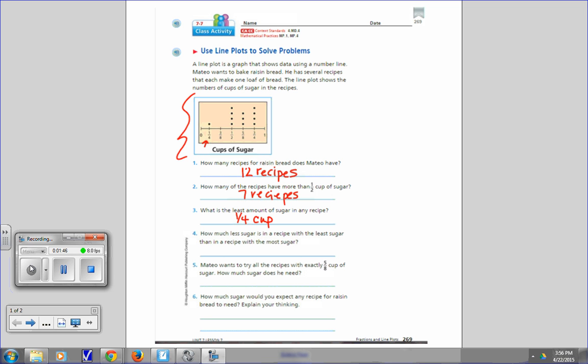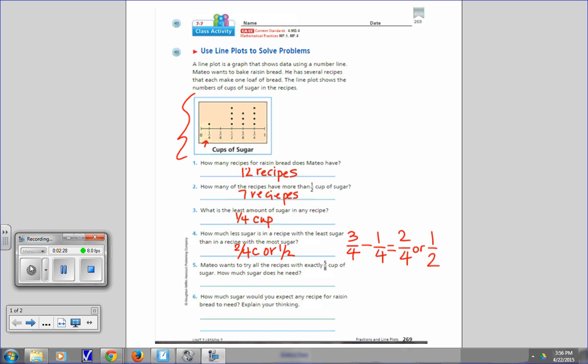How much less sugar is in a recipe with the least sugar than in a recipe with the most sugar? So I have to take how much is the most sugar, that's 3/4, and I have to take away the smallest amount of sugar, and I get, or most of you are already screaming at the screen, it's less by 2/4 of a cup or a half a cup.